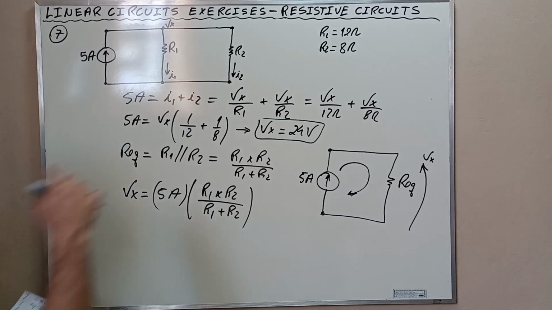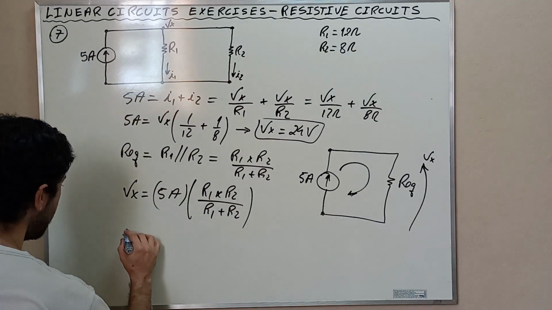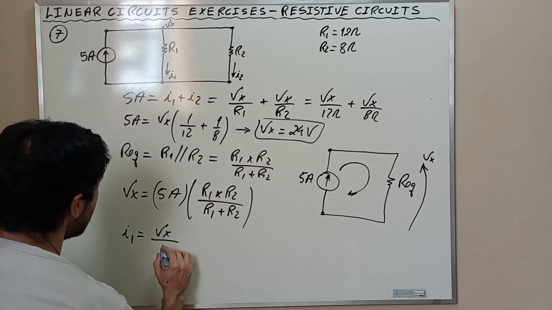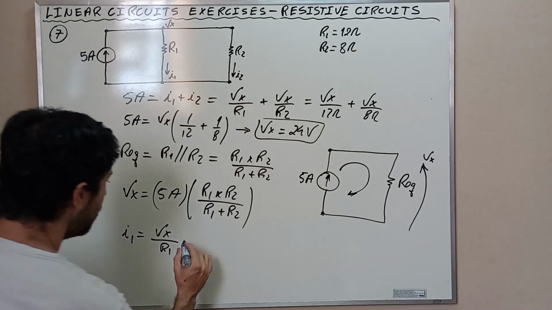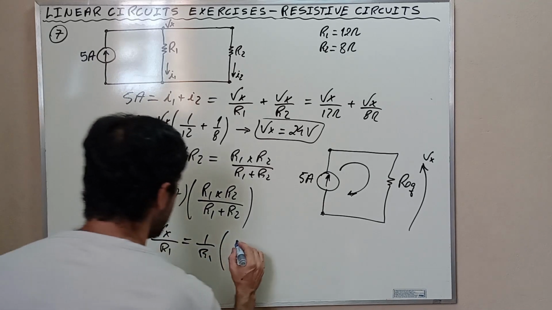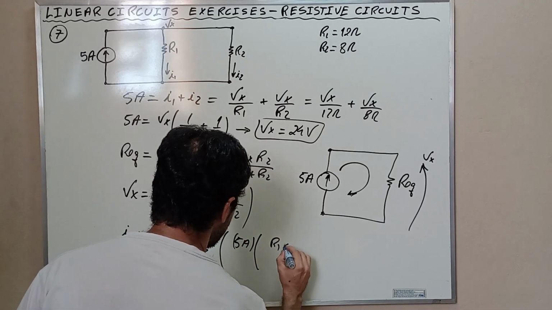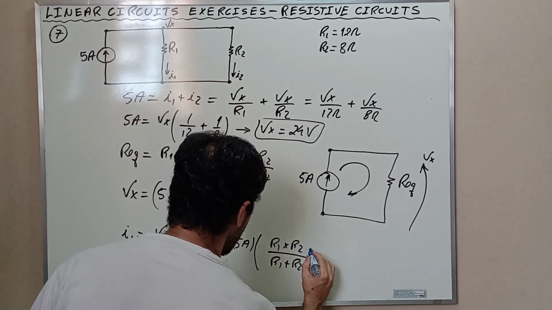And observe here, looking back to the original circuit, that I1 is equal to Vx divided by R1. But Vx is this, so it is going to be 1 over R1 times 5 amps times R1 times R2 divided by R1 plus R2.